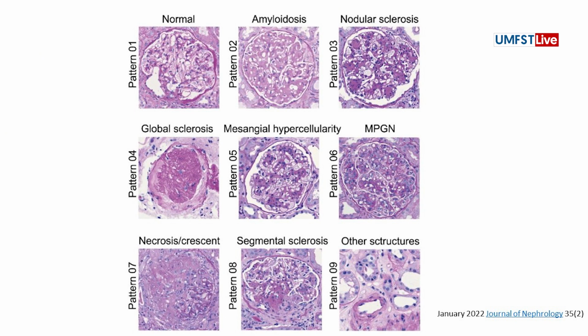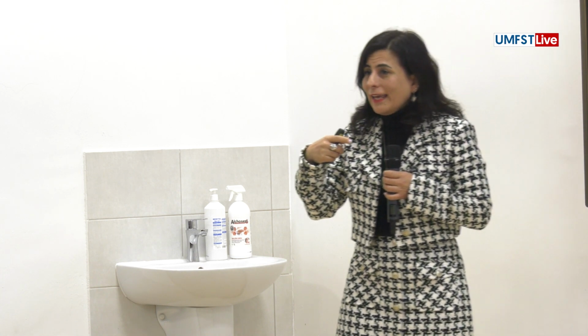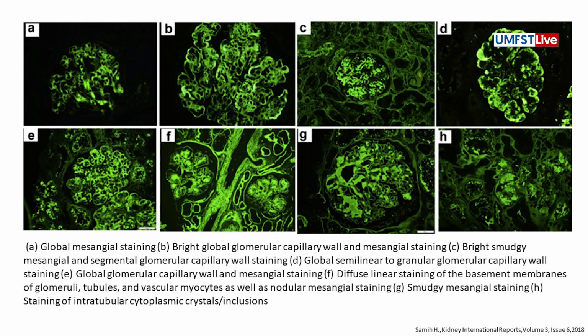And we have to use immunofluorescence also. In immunofluorescence, we have to remember the histologic anatomy of the kidney, and we have to look where it is staining. The staining area is very important for us. For example, here, it's a mesangial staining.